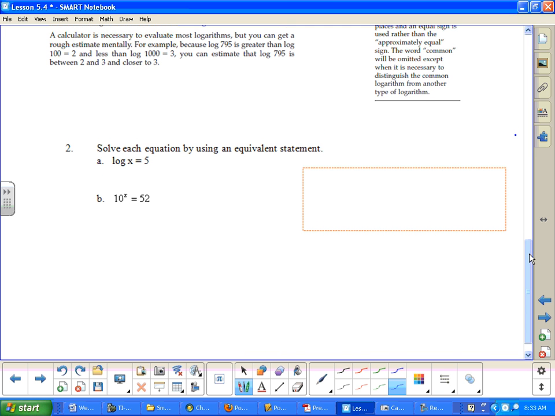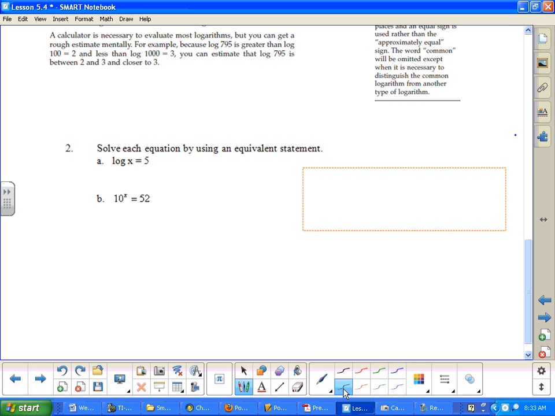So number 2, they want us to solve these equations. Well, to solve a logarithmic equation, most of the time I will change it to exponential. So if I wanted to change this to exponential, what would it look like? 10 to the 5th equals x.